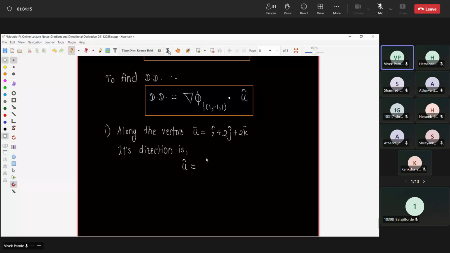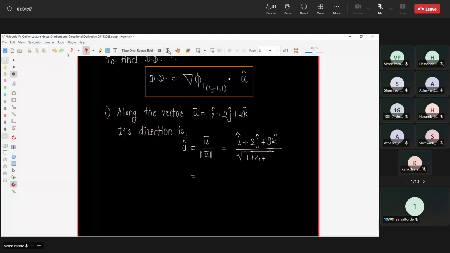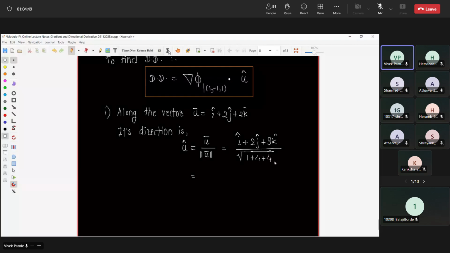So u cap is equal to u bar divided by norm of u bar, which is equal to i cap plus 2j cap plus 2k cap divided by square root of 1 plus 4 plus 4, sorry, not 9, and square root of 9 is 3.